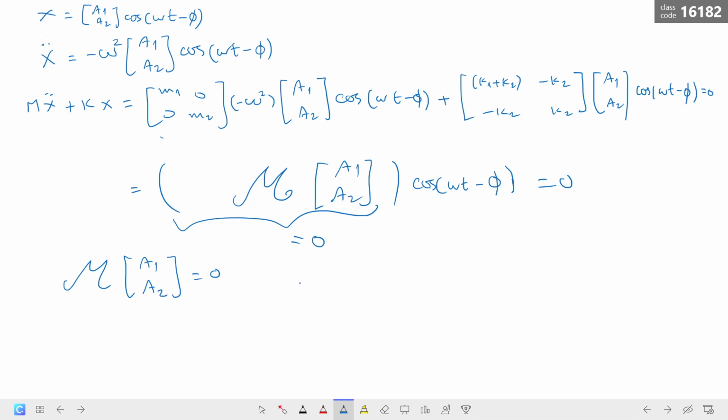Let me give an example. So what kind of matrix M can make this multiplication 0? Let's choose A1 as 1, minus 1, simple one. And the element M here, if I choose this one, let's say h, and here is 2h. Do you think this can be 0? Yeah, 2h minus 2h, 0.